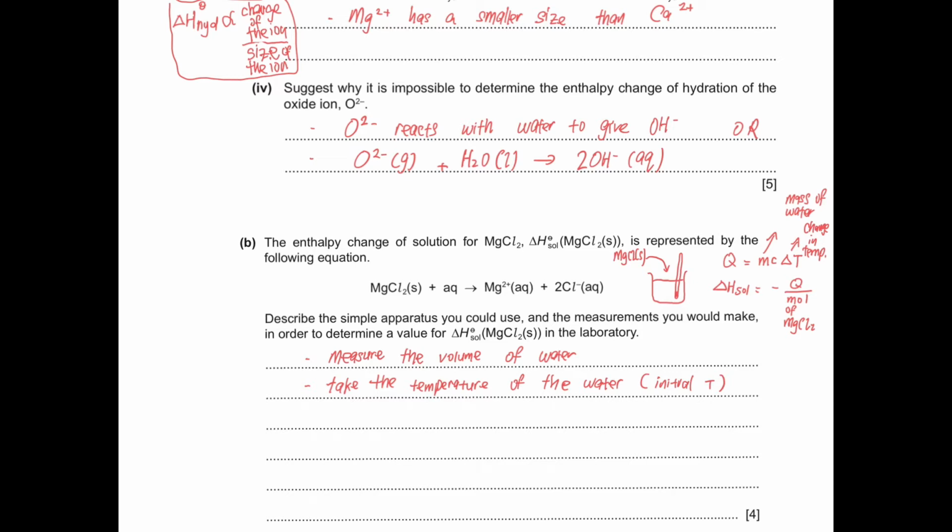We look at the formula again. Once you find out your mass of water, initial temperature and final temperature, the final temperature, of course, is the highest temperature achieved after you dissolve magnesium chloride. That is the final temperature.